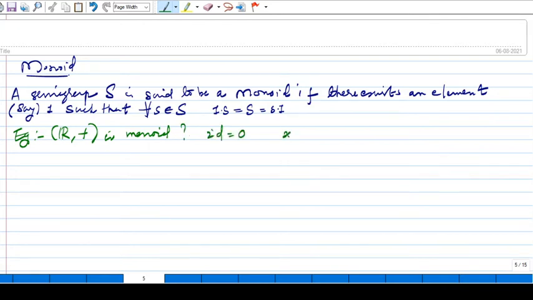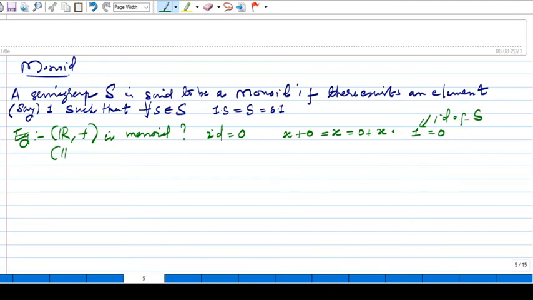If you add x plus 0, you will get x, and 0 plus x. So this is the identity element. You note that the notation 1 here, what is 1? It is 0, right? I mean, this is the identity element. Yes, here it is 0.